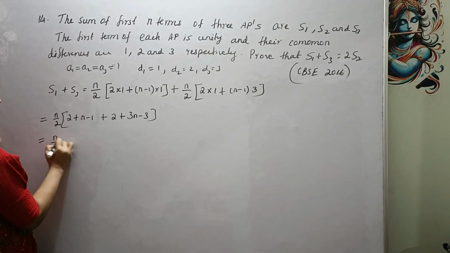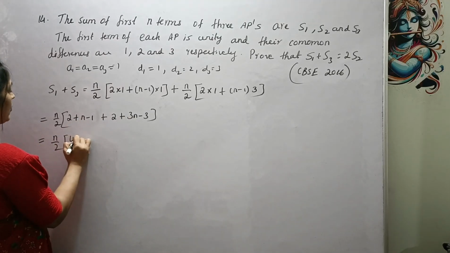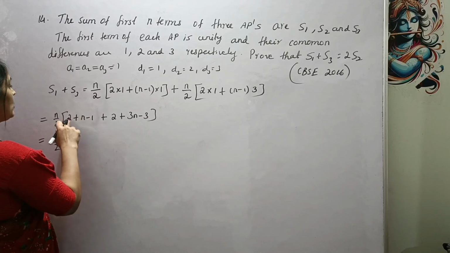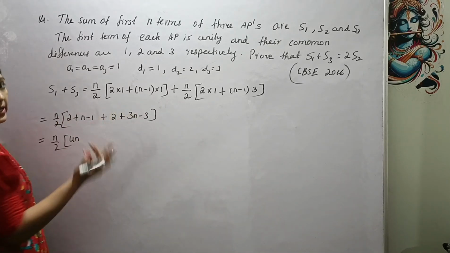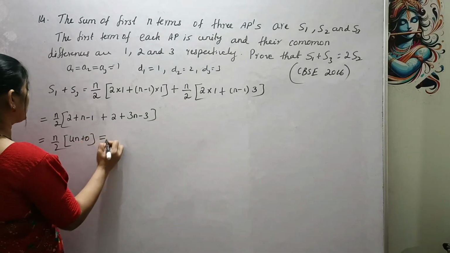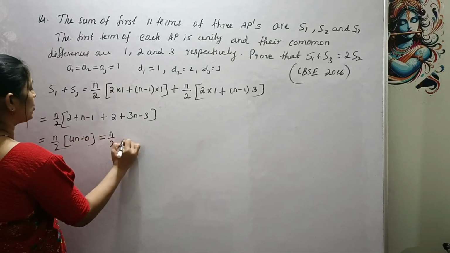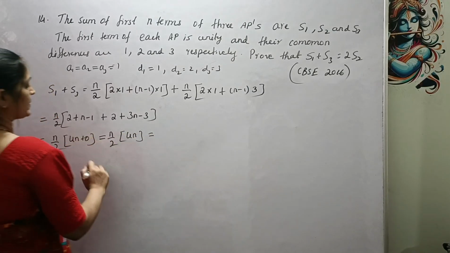That is equal to n by 2 into, here 3n plus n, 4n, and 2 plus 2, 4, minus 1, minus 3, minus 4. So 4 minus 4, 0. So it is 0. That is equal to n by 2 into 4n, here 2 cancelled, right?